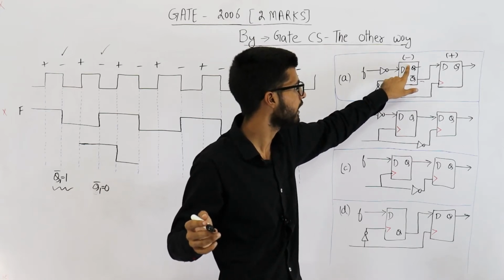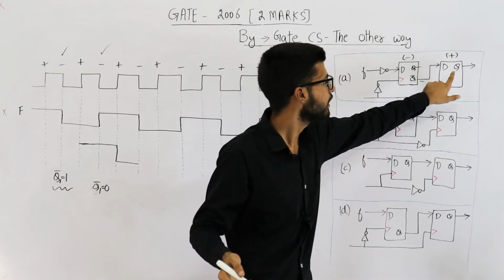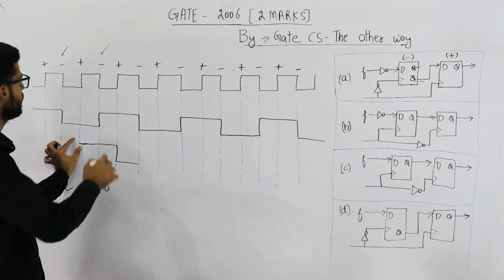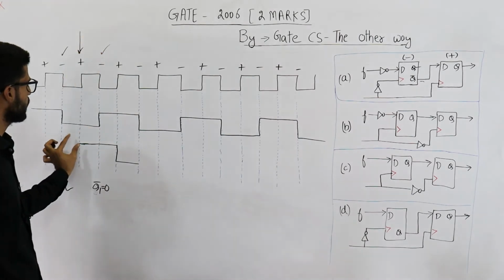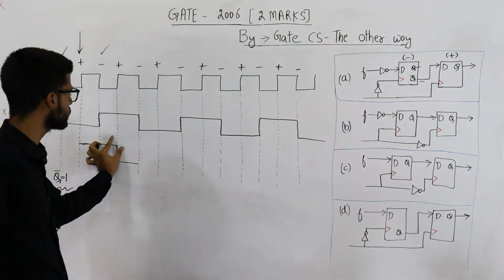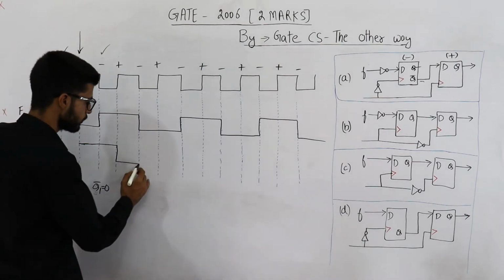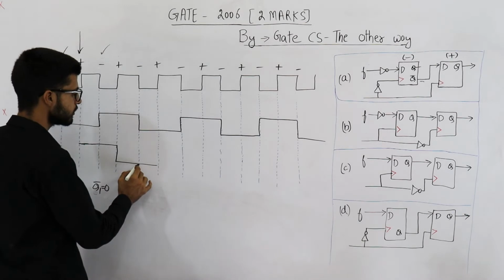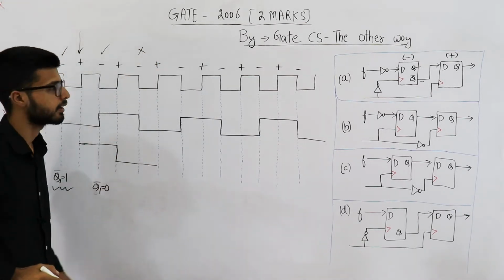It reacts on a negative edge of clock. This one is a positive edge triggered flip-flop. It will change its value only during positive edges. So if this is a positive edge, whatever is the value calculated here, that will remain as it is during negative edge and could possibly change upon a positive edge only. Okay. That means here also this value will remain as it is. If it is 0 here, it will remain 0 here because the second flip-flop won't react on negative edge.